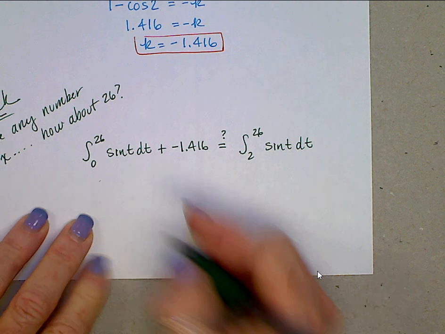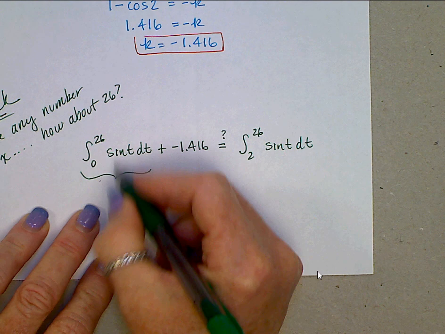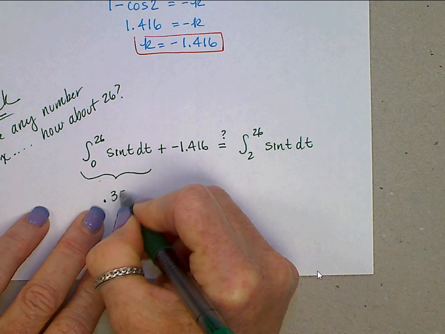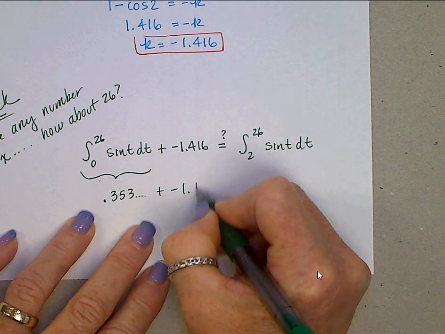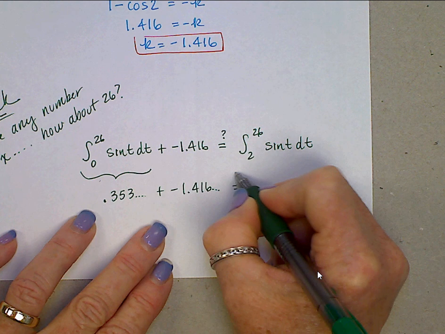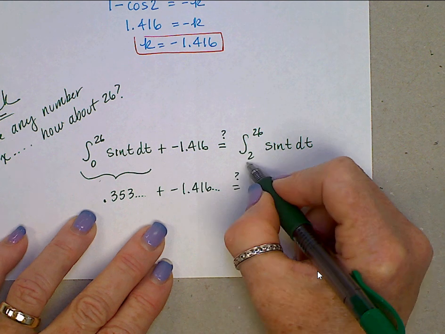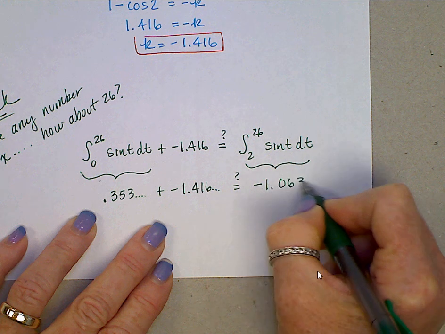You have to zap this in your calculator. If you evaluate that integral in your calculator, this piece gives you 0.353 something something something plus negative 1.416 something something something. Is that equal? And this piece is negative 1.063.